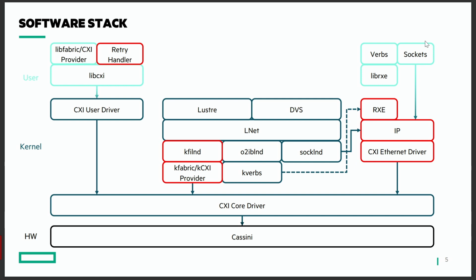And we're also developing a software RoCE driver, or doing a lot of work on the software RoCE driver. So with Cassini, you can run all three of the LNDs available in LNet: KFI, O2IB, and SOCKLND.